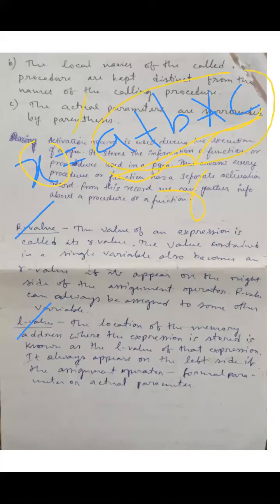So this a plus b into c will be the R value, and after generating this value, you will store this R value into a memory location that is denoted on the left hand side of your expression.